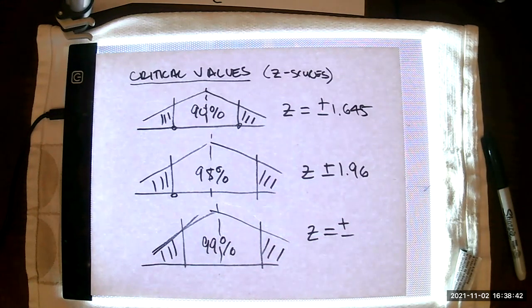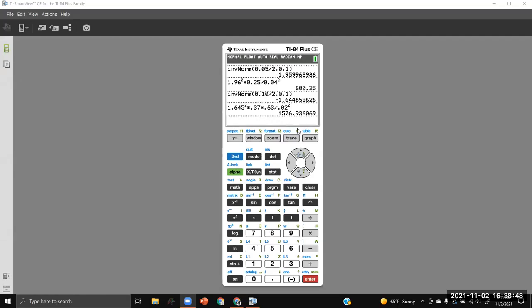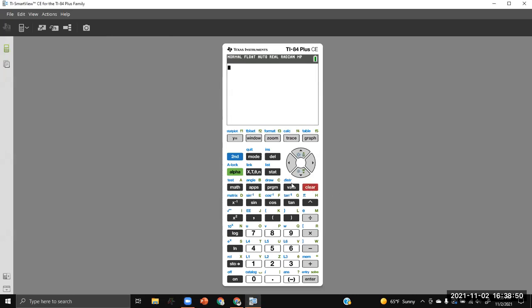So back over to my calculator. Clear you out. In fact, let me turn my stat wizard on. It makes the keystrokes just a little bit easier, and then I can just talk about what we see here. So back to the inverse norm. 0.99, that's the 99% in the middle.